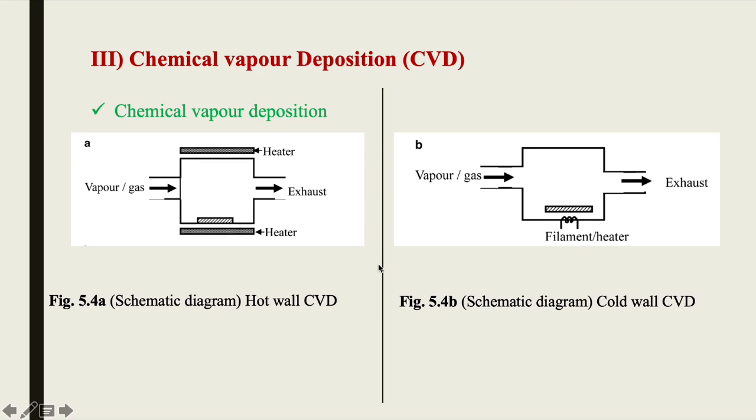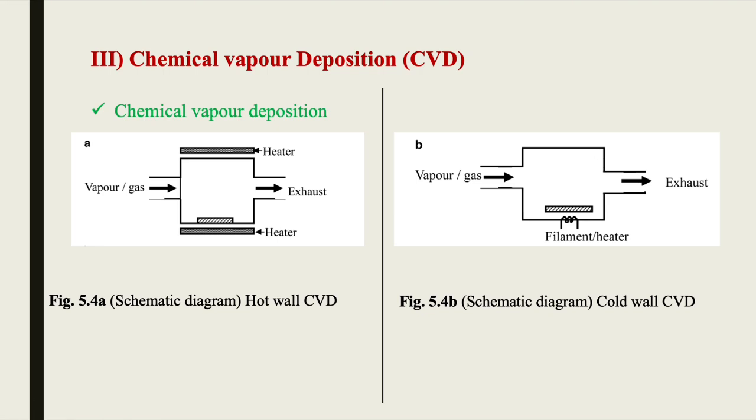In a hot wall setup, the deposition can take place even on the reactor wall. So your deposition can take place on the reactor wall also. This is avoided in cold wall design. Here your reactant will not get deposited on the cold wall. This is the plus point for the cold wall design.